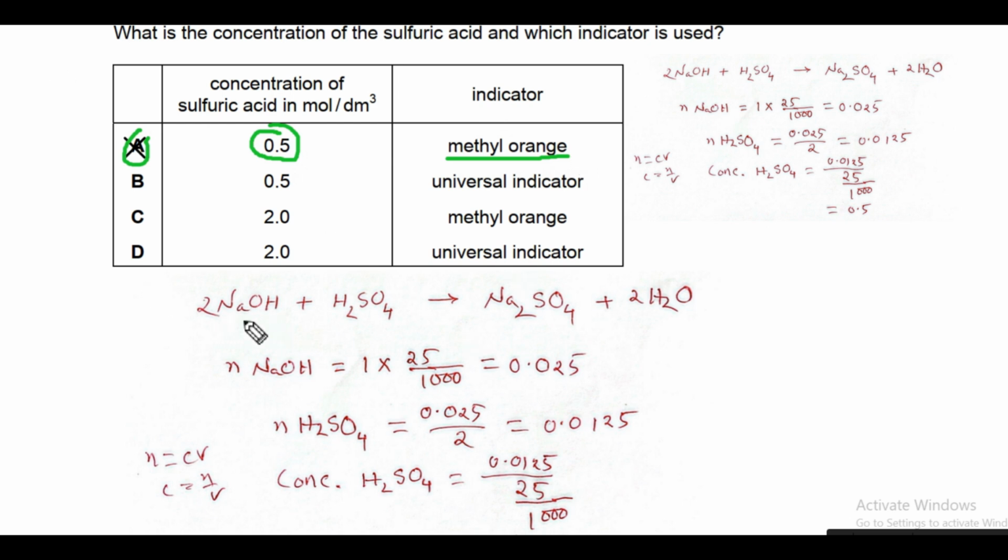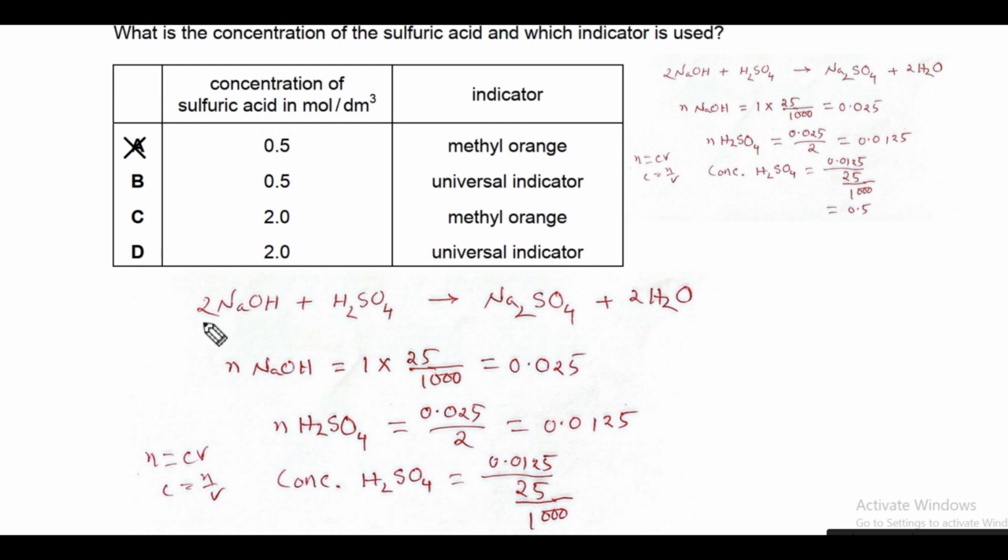Sodium hydroxide reacts with sulfuric acid to give sodium sulfate plus water. Sodium hydroxide 2 mole, sulfuric acid 1 mole. First, n, the number of moles of sodium hydroxide, is concentration times volume. Volume is 25 divided by 1000, because cm³ is converted to dm³ by dividing by 1000. So moles of sodium hydroxide is 0.025.